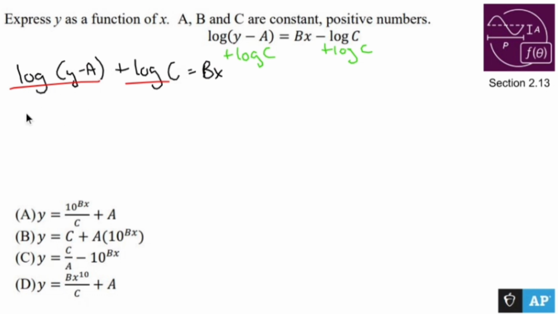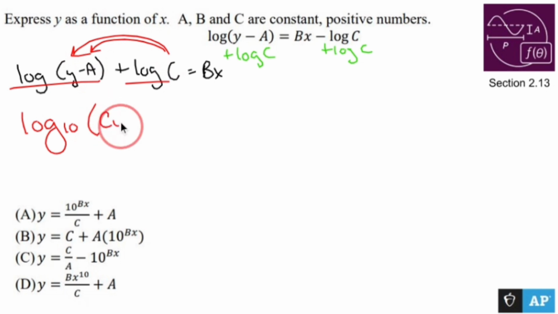So when I multiply the insides, I have log base invisible 10, which I will write out because I know I'm going to need that. Multiply c to y minus a, which includes the distributive property. So this becomes cy minus ca. That still equals bx.